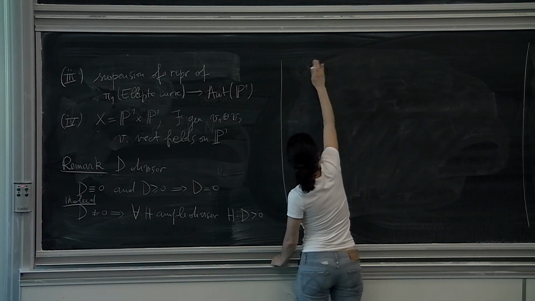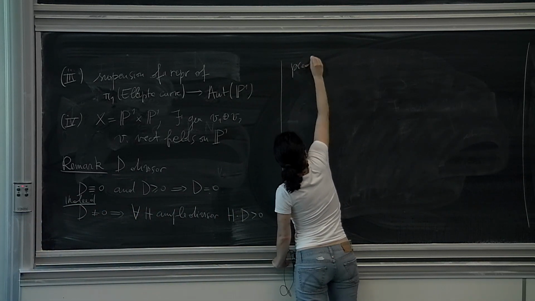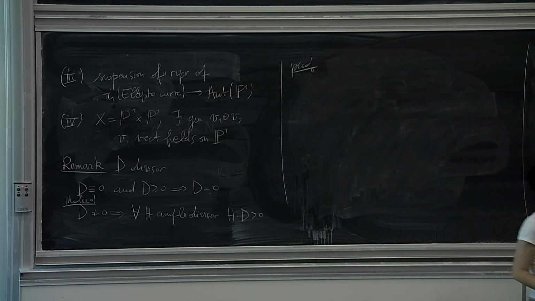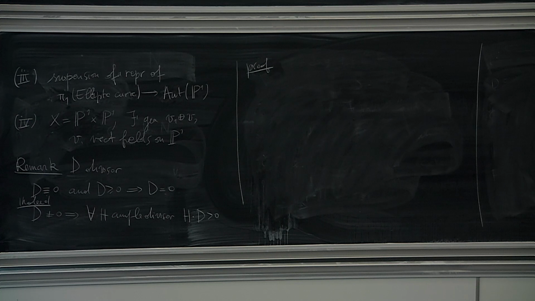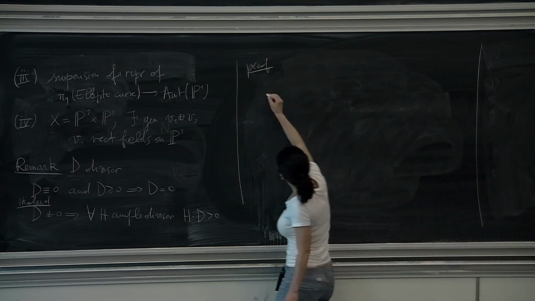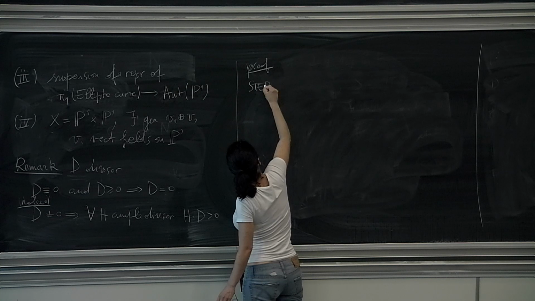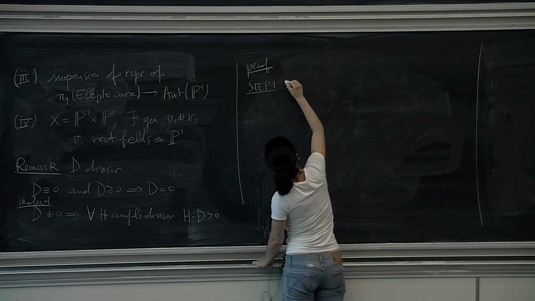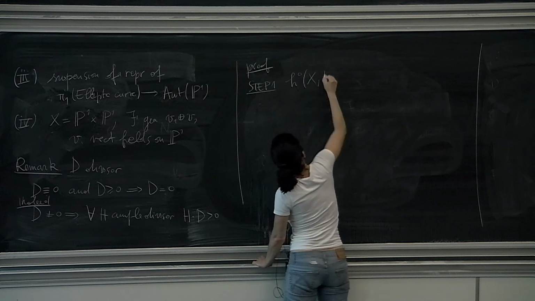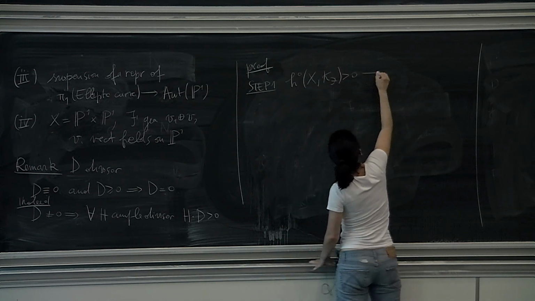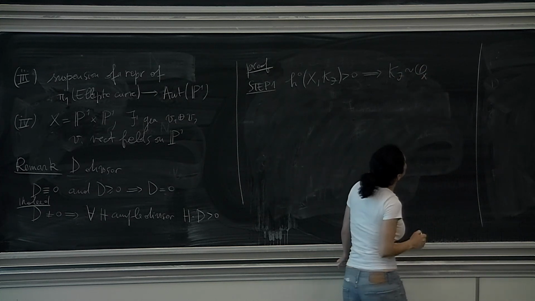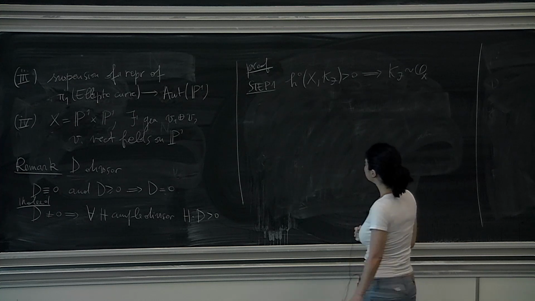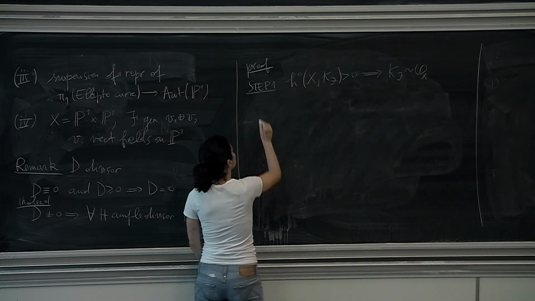Okay, now, for the proof, the first step we will prove is that if KF has a global section, then KF is trivial. So let's assume we have a global section here.